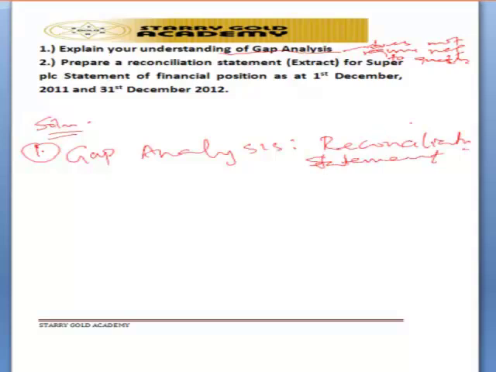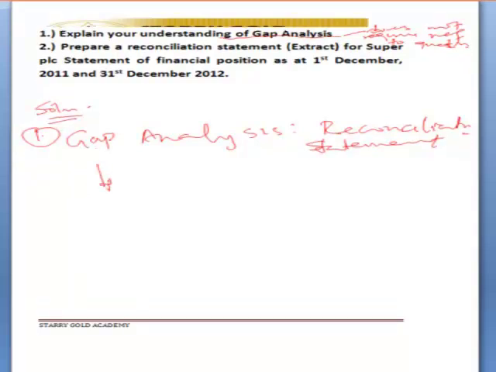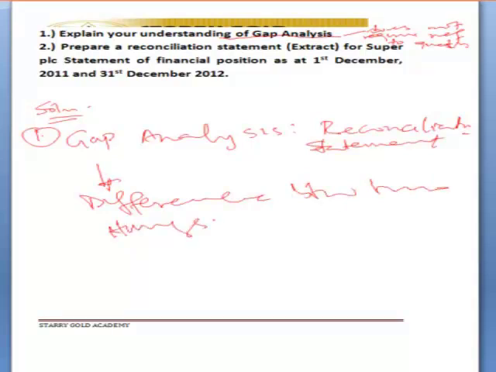For example, in our learning of management, we describe a gap analysis as a difference between two things. It is actually what we call a variation. So that is a literal definition. Then we relate that to financial reporting.